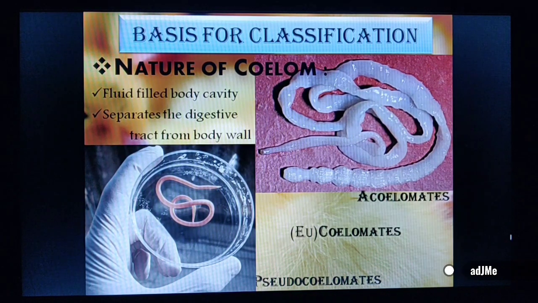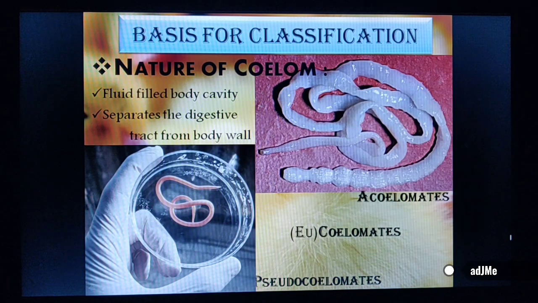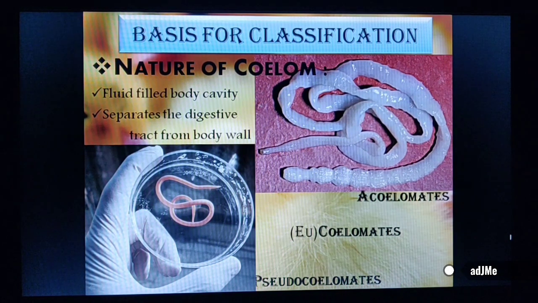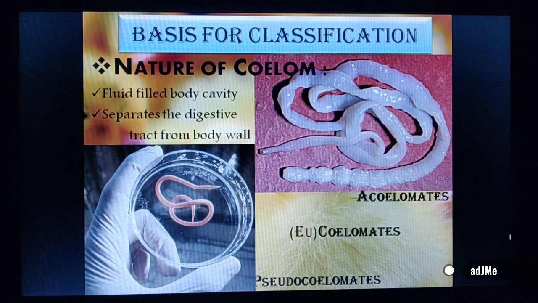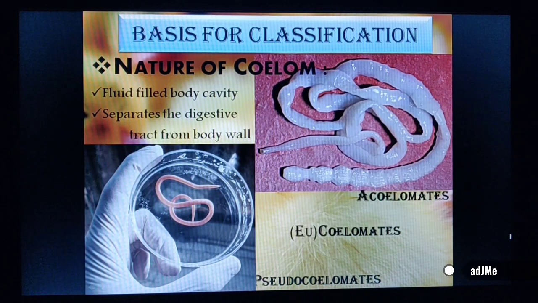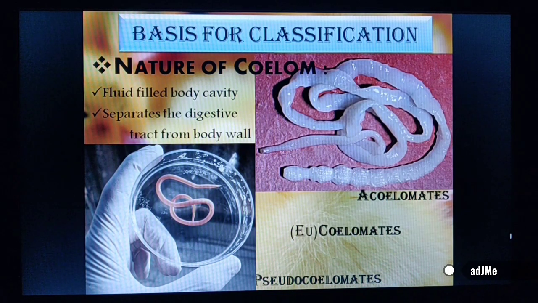Then third, true coelomates. In the book they have given coelomates, but in higher classes you learn this as eucoelomates. Eu means true. For example, prokaryote, eukaryote. Karyo means nucleus. Prokaryote does not have a well-defined nucleus.